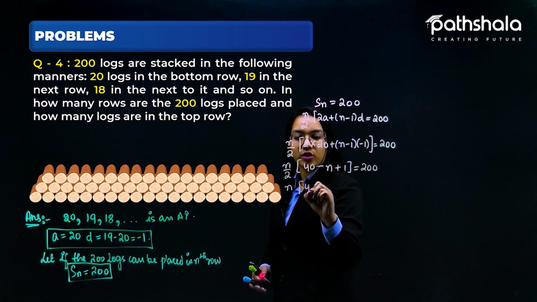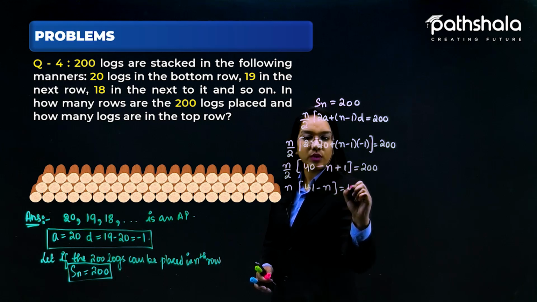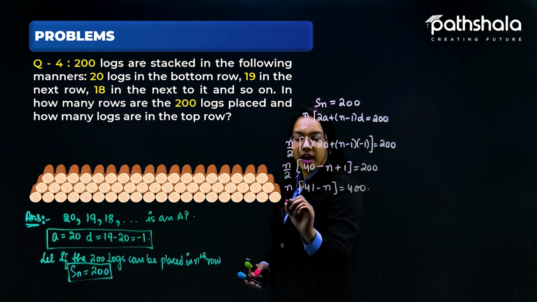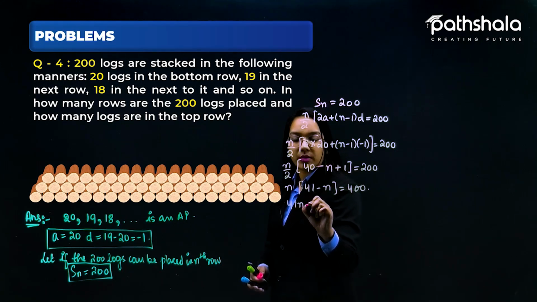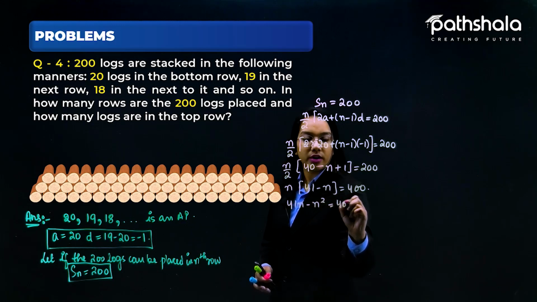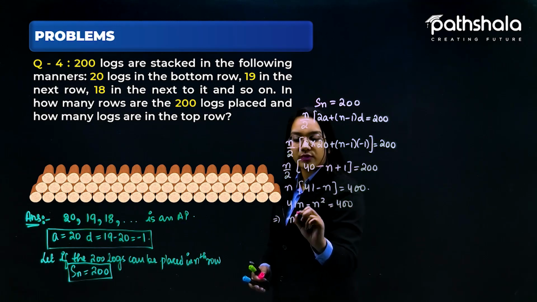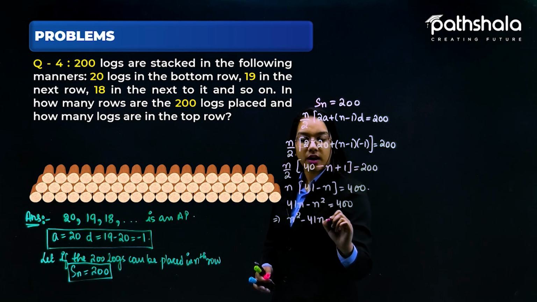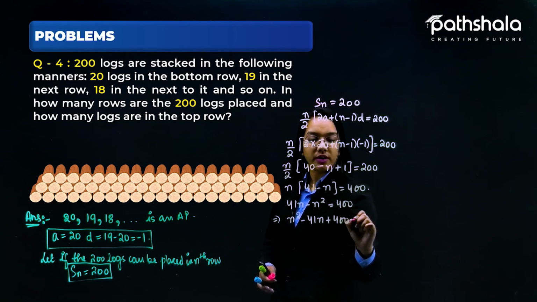This would be n into 41 minus n is equal to 400. Further we have 41n minus n square is equal to 400. So the quadratic equation that is forming is n square minus 41n plus 400 is equal to 0.